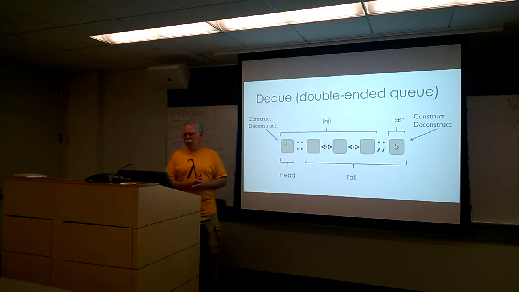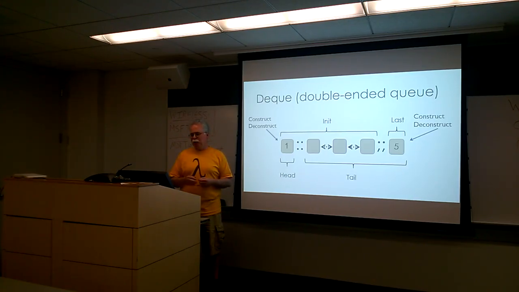Then there's a double-ended queue. This one is kind of cute because it actually implements both the signatures. So we've got the list-like signature and the vector signature of last and init. You can construct and deconstruct on both ends, so you can shrink and grow it like this, and it's perfectly symmetrical.